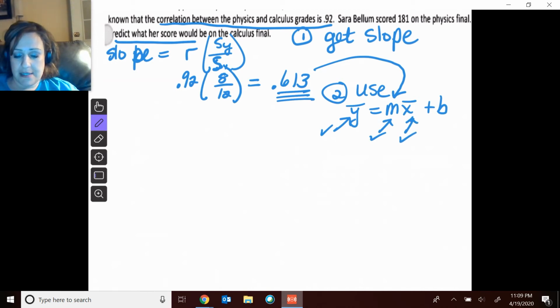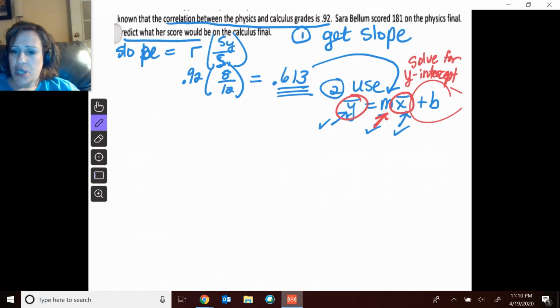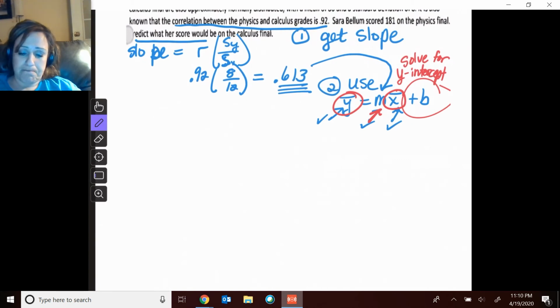So in essence, I'm going to be solving for that y-intercept. You could also use the point slope formula. The reason we're allowed to do that is because I have the slope, and I know for a fact that the mean point is a point on the line. So I can go ahead and fill those in.